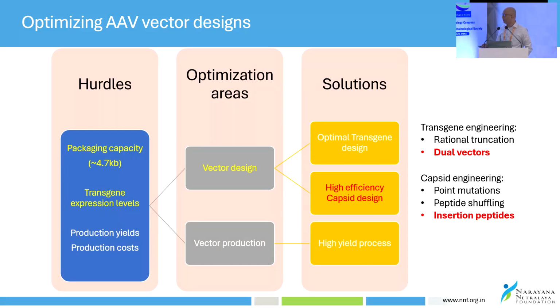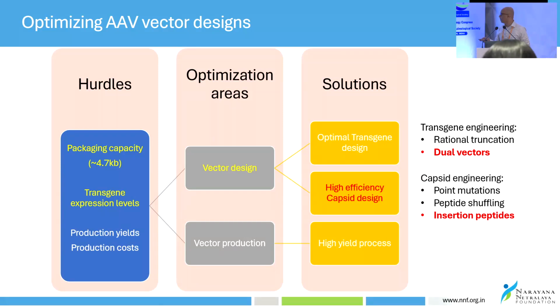The second is that if you increase transduction efficiency, you can reduce the amount of viral vector you inject. However low immunogenic it is, it still may have some immunogenic response, so reducing the dose is always helpful. And if you reduce the dose, you also bring down the cost. These are the two hurdles we are trying to address using vector designing.